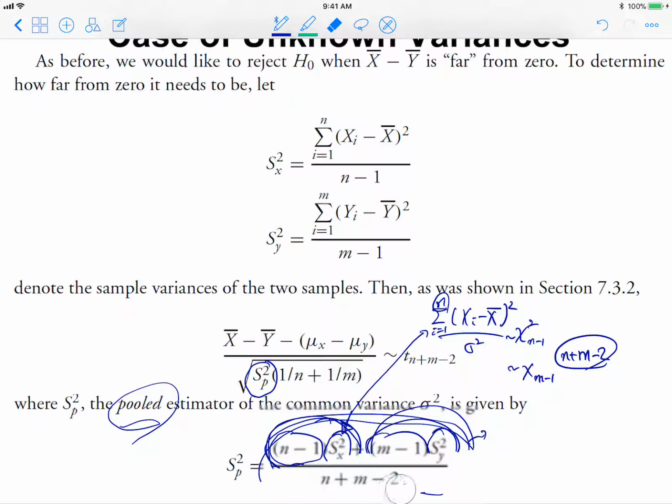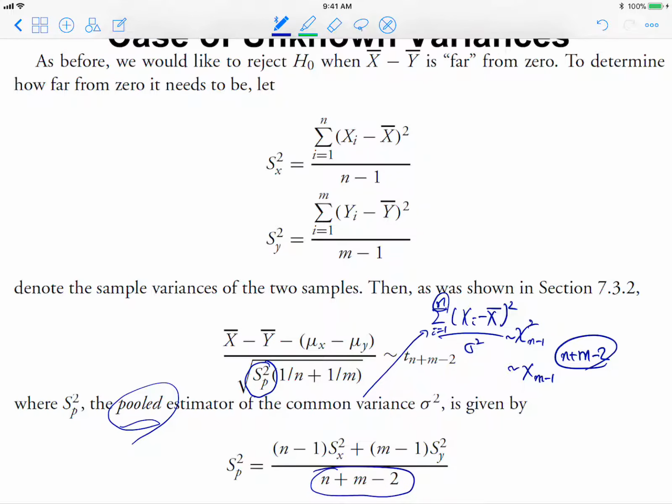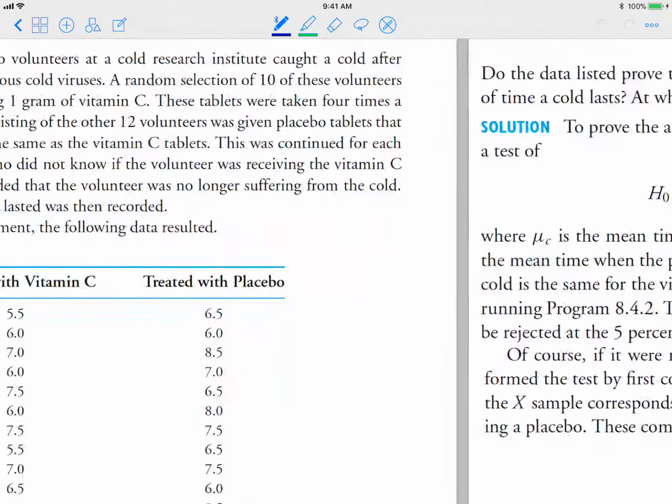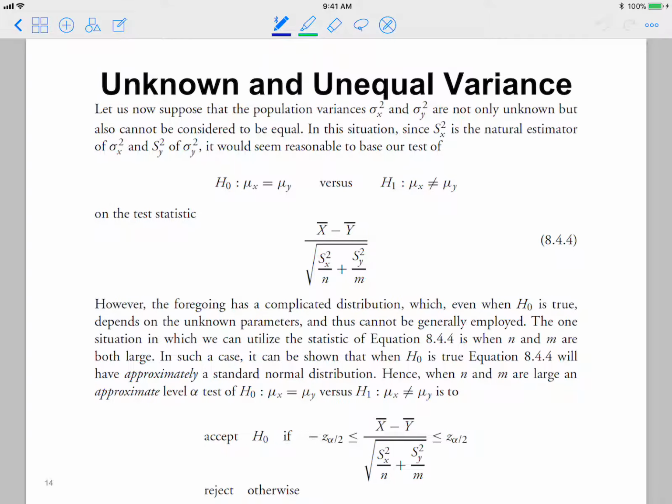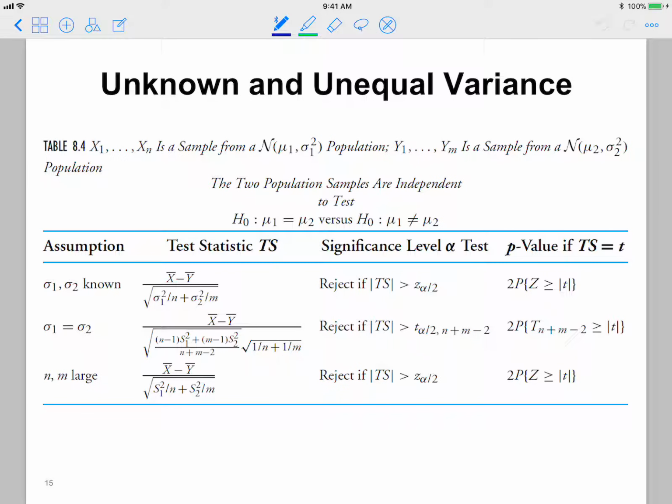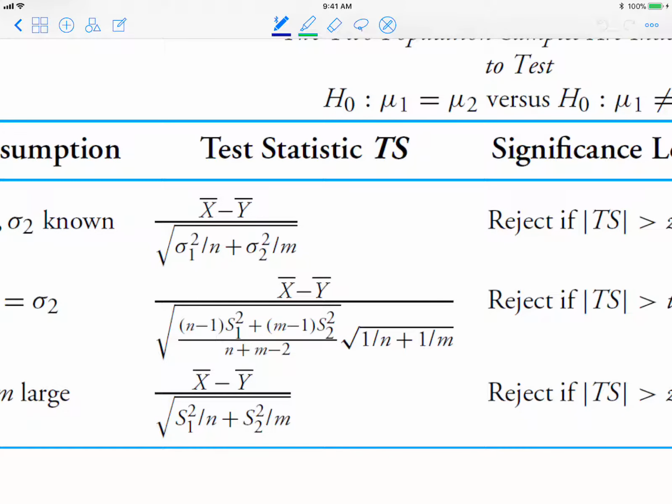Okay, then by the definition of this pooled variance, we had this, right? Let's look at this summary table. This was the test statistic that we used when the variances are known, but they can be different variances, sigma 1 squared and sigma 2 squared.